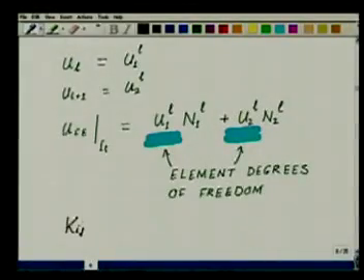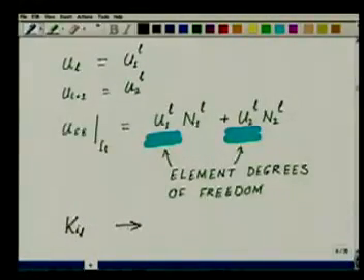Okay, now we'll ask the following question, that to which of the Kij's does the integral from the element contribute with a non-zero entry?